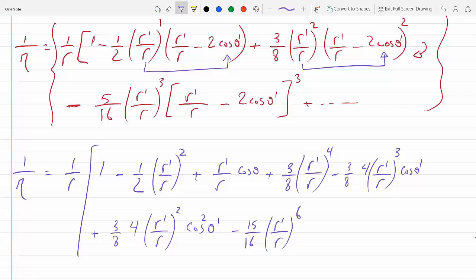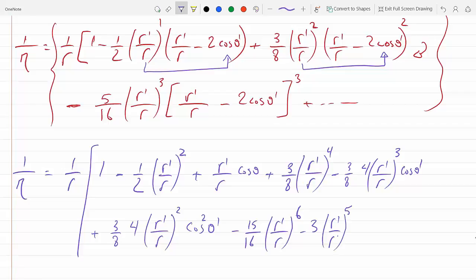So, wait, how does this distribute? This goes minus 3, so minus 3 times the first squared, which means r prime over r squared, and there's 3 outside, so that's r prime over r to the 5th, right?